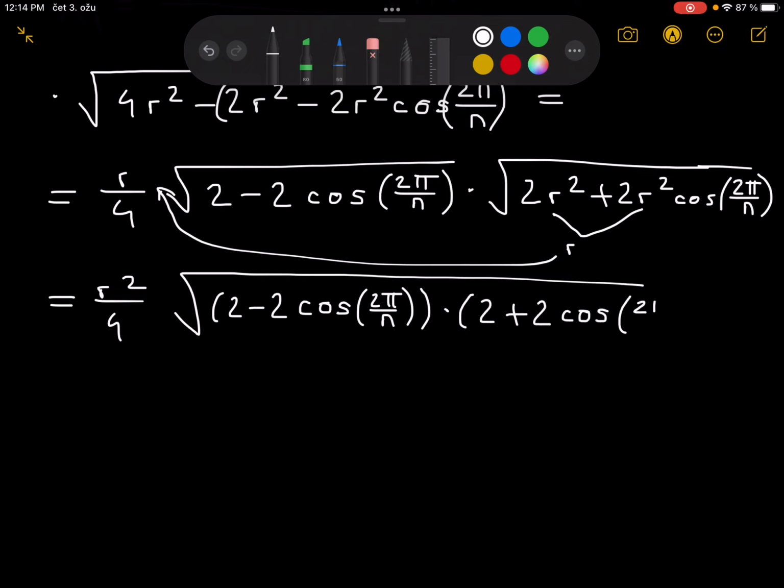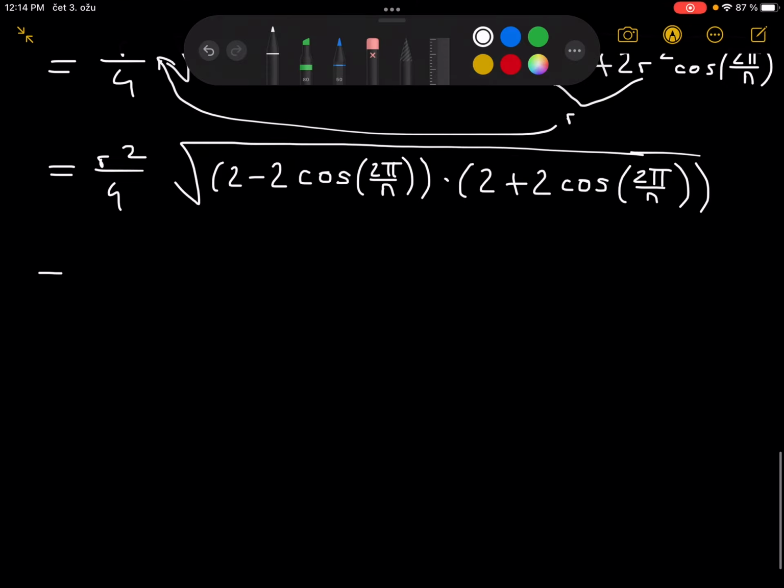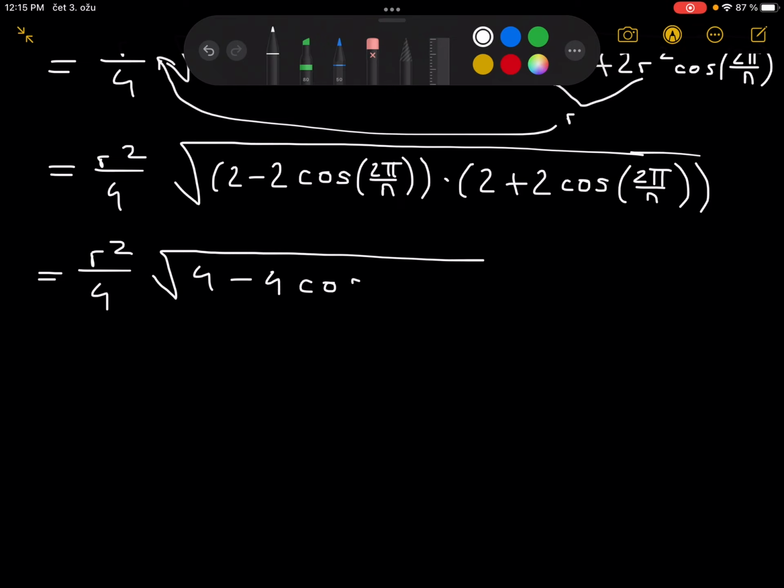And notice that here we've got a difference of 2 squares. So this is equal to r squared over 4 times the square root of 4 minus 4 times cosine squared of 2 pi over n.